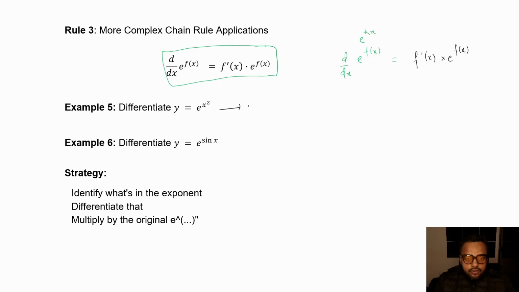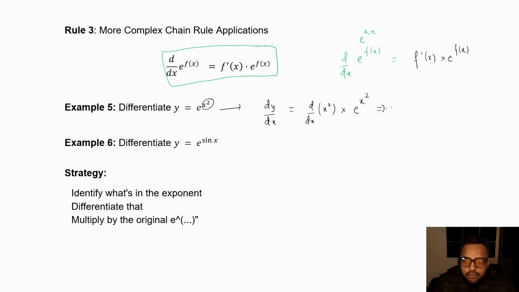I've taken an example for you: dy by dx for e raised to the power x square. Here you can see that x square is on the power of e, so it is a function. So it means d by dx of x square cross e raised to the power f(x), and this will be written directly.